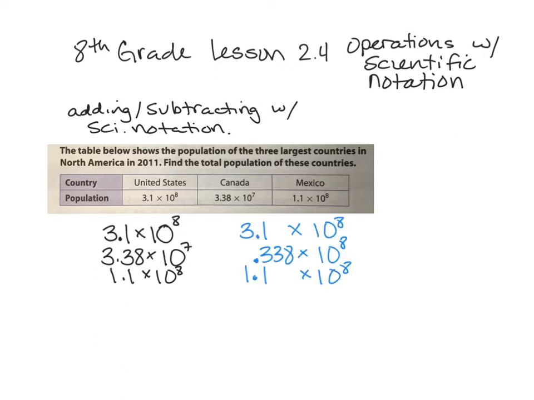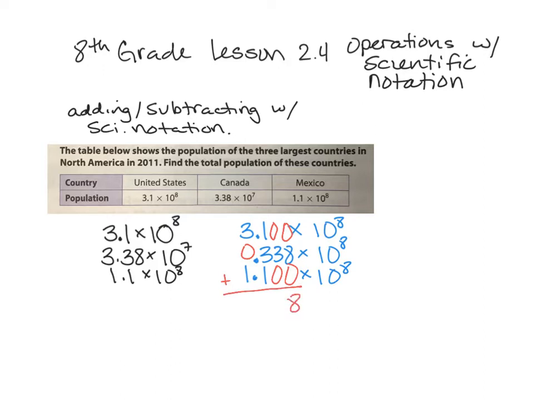What I've done now is move this decimal over 1 so that I can make that an 8. There it is. Then I was careful to line up my decimals and my place values. If it helps keep us in order, we'll put some zeros here. Then I add those up.